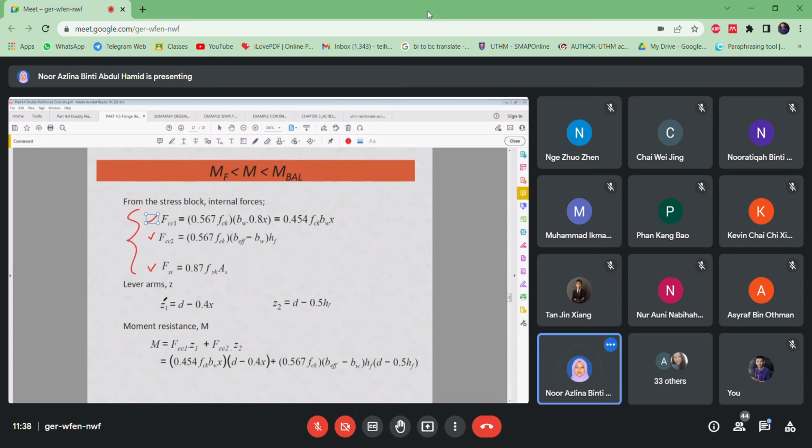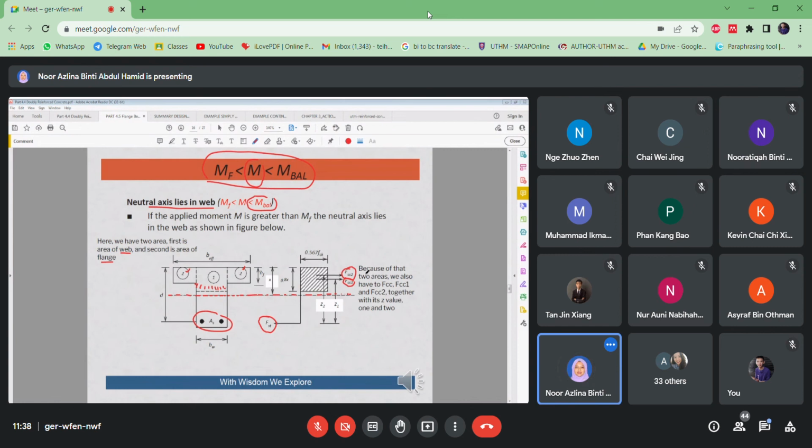So there will be Z1 and also Z2. Kalau Z1, it's at the center of the concrete block, which you need to divide the 0.8x, so Z1 is equal to D minus 0.4x.